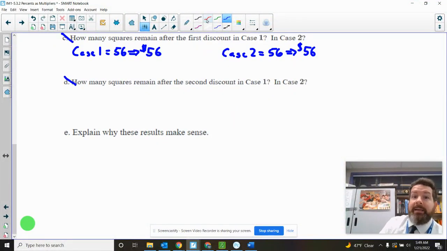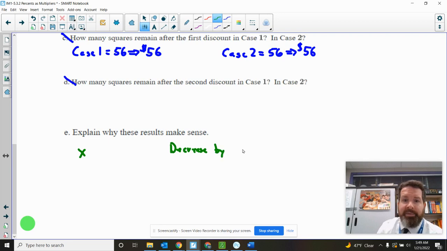If we take a price, and I don't know what price it's going to be right now, I'm just going to call it X. Let's think about what it means to decrease by 30%. Well, from our previous discussion, we know that means I'm going to take 100% minus 30%, which is 1 minus 0.3, which is 0.7.